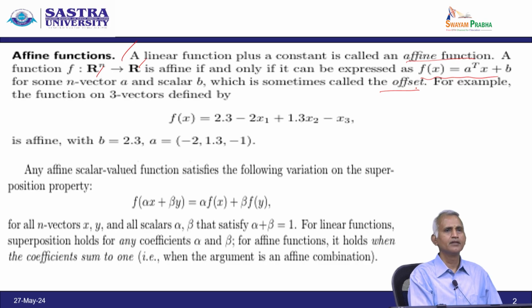For example, take a function of 3-vectors defined as f of x equals 2.3 minus 2x1 plus 1.3 x2 minus x3. It is affine, because here b equals 2.3 and A has the corresponding coefficients of x1, x2, x3: minus 2, 1.3, minus 1.